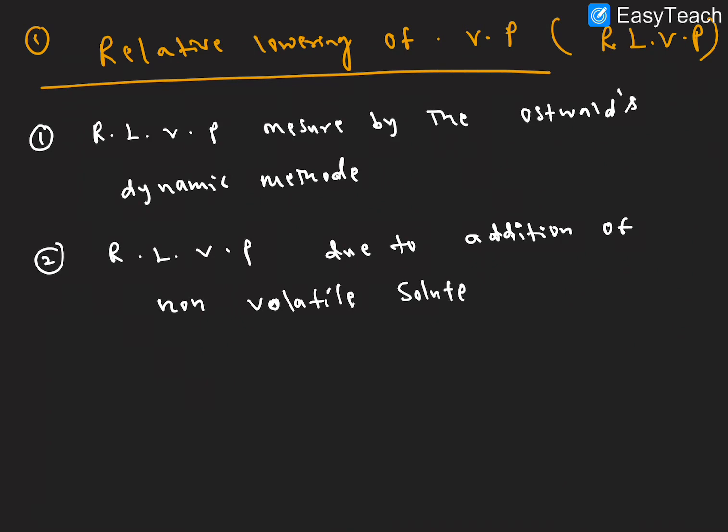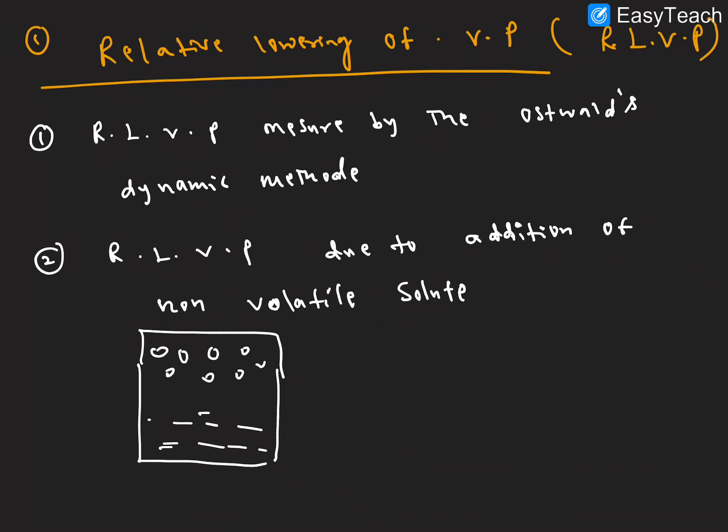We are already discussing vapor pressure. This is the solvent in a closed container, having some vapors. More vapor is there because the solvent is volatile in nature, so the vapor pressure is higher.